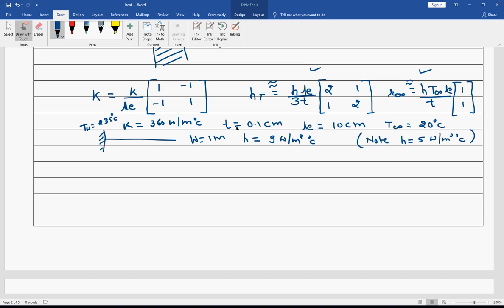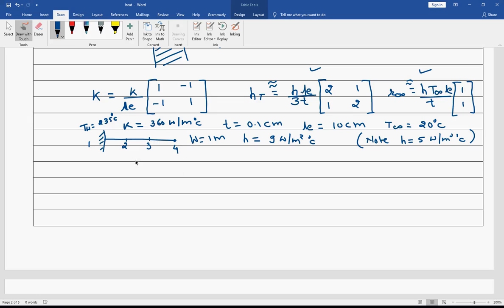So let's divide this into 3 elements: 1, 2 and 3. So this is node number 1, node number 2, node number 3, and this is node number 4.